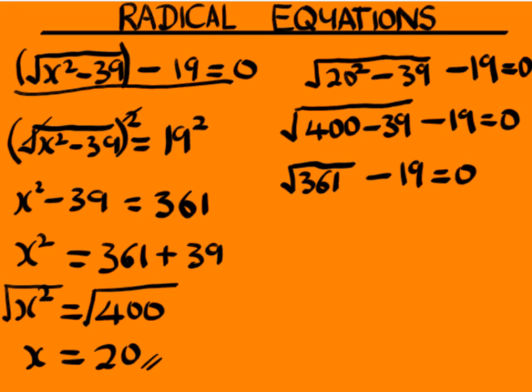The root of 361 gives us 19. So we have 19 minus 19, and this would give us 0. So it satisfies our original equation.